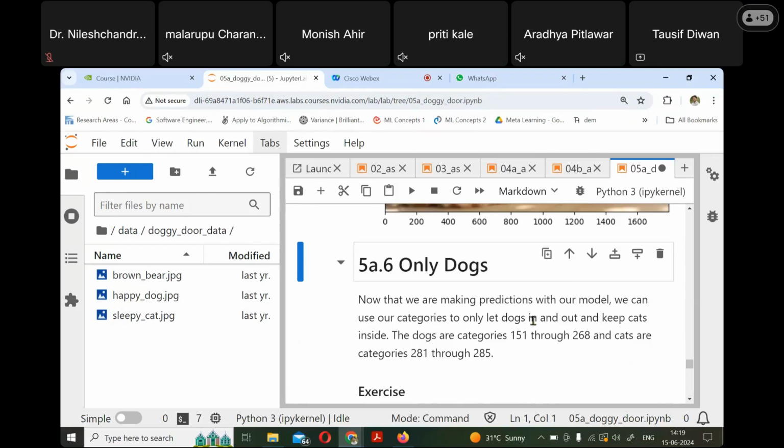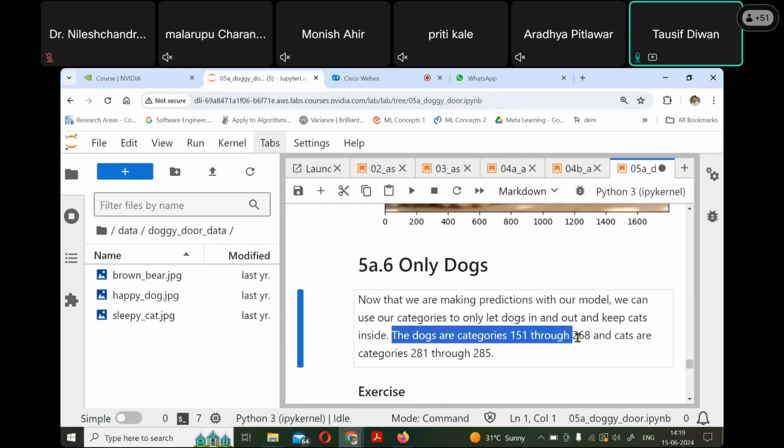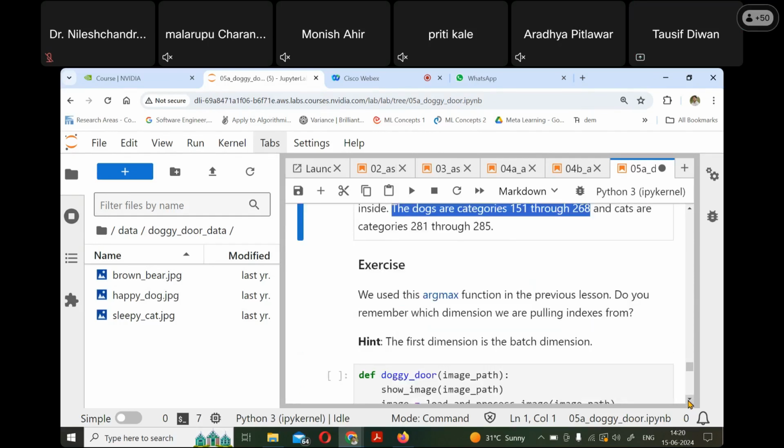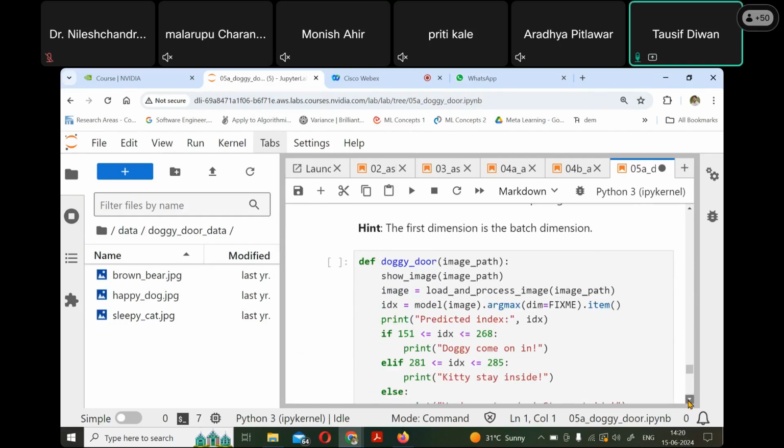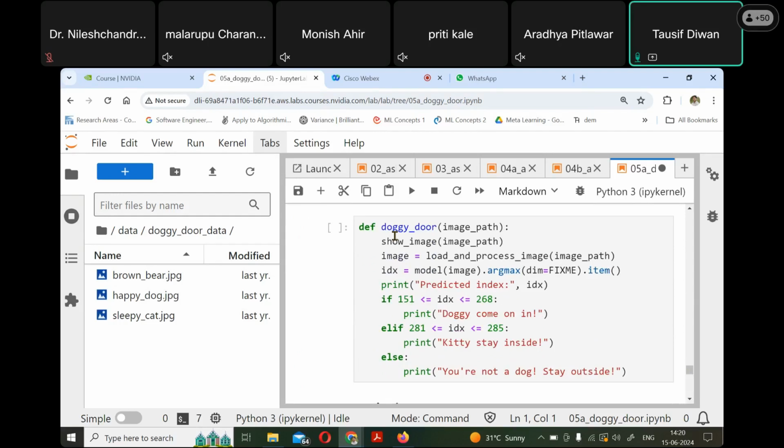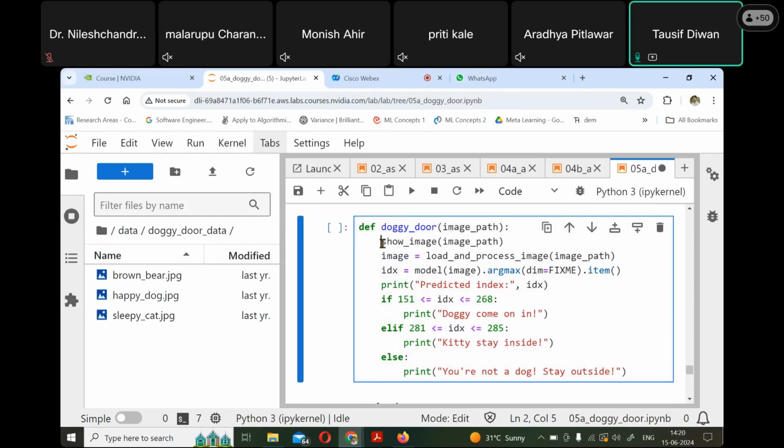In the original data set on which VGG 16 was trained previously, the dogs are categorized 151 to 268, and cats are categorized from 281 to 285. So see how we can do this. We will write one doggy door function over here. First we will write show image, then load and process image, and finally it is stored in this.